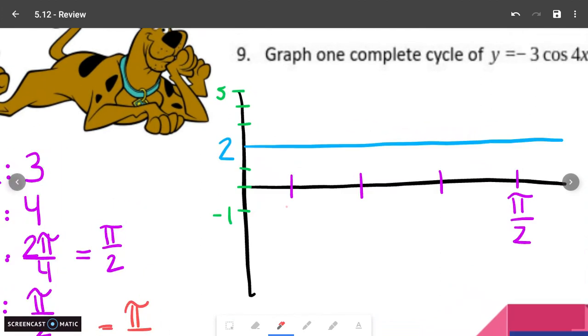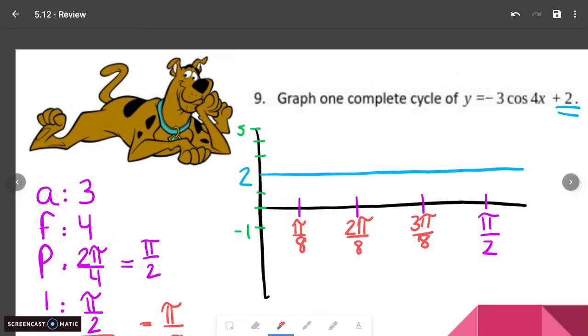So that's here. And that just counts as I added that again. Pi over 8 plus pi over 8 is 2 pi over 8, 3 pi over 8, and 4 pi over 8, which does simplify to pi over 2. Okay, now because cosine, we start either above or below, but never on the midline.